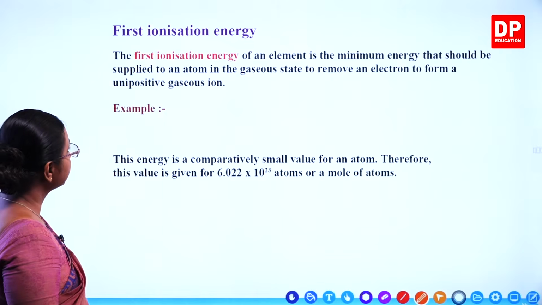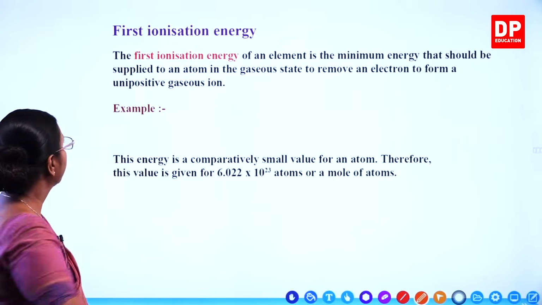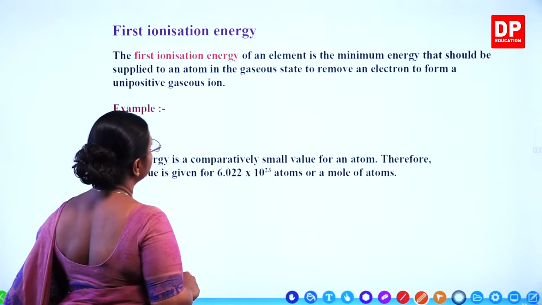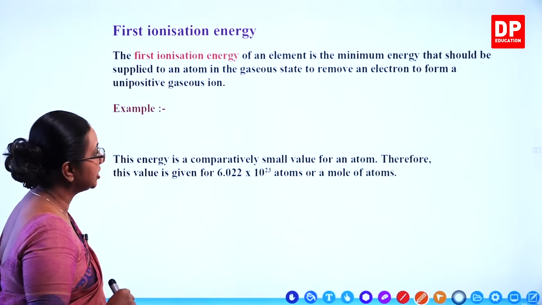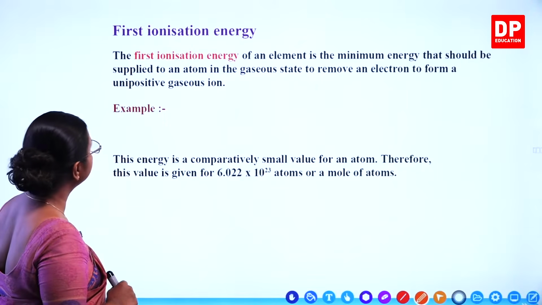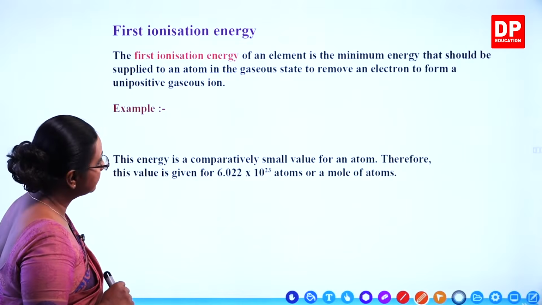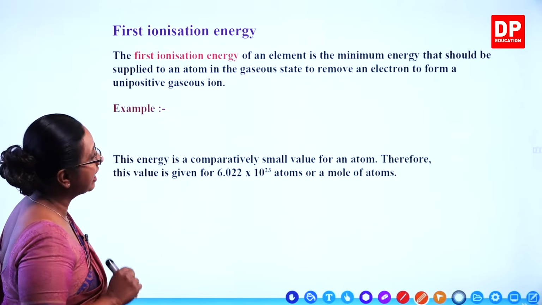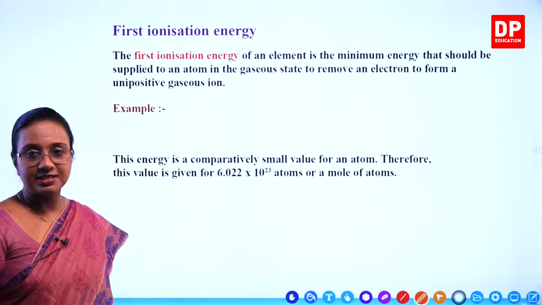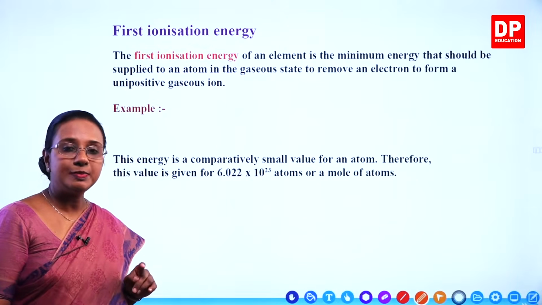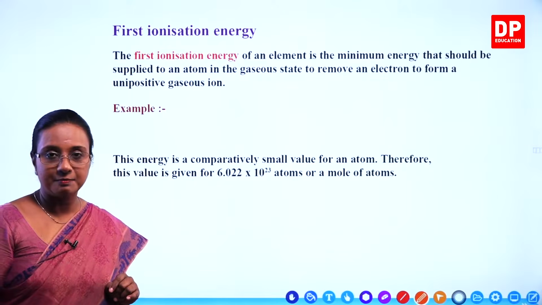First, ionization energy. The first ionization energy of an element is the minimum energy that should be supplied to an atom in the gaseous state to remove an electron to form a unipositive gaseous ion. I will explain that using an example.